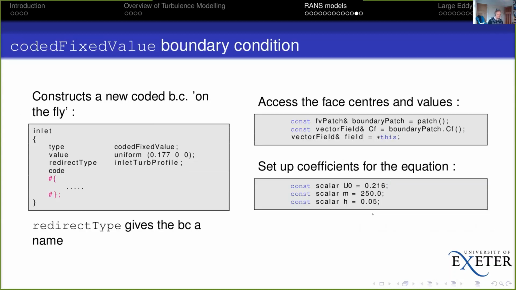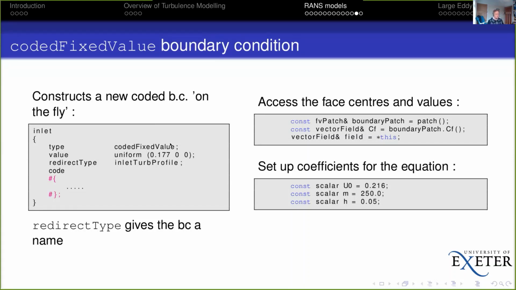And we can do this using a new type of boundary condition called a coded boundary condition. A few years ago, this was implemented in a number of the versions of OpenFOAM. It's a particular type of condition called codedFixedValue.